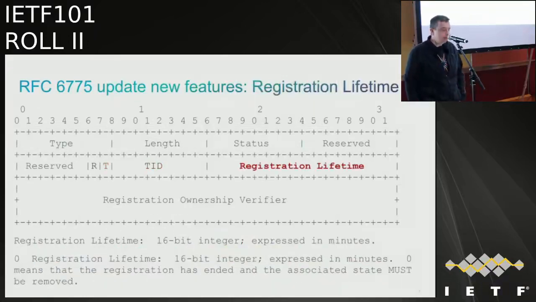Then the next field of interest for us is the registration lifetime. Now we have a slight problem for the implementation, because the registration lifetime in ND is a constant. Well, the unit of it is a constant. It's minutes. RPL was a bit more far-sighted than this, because we have a configuration option where we tell what the time unit is.